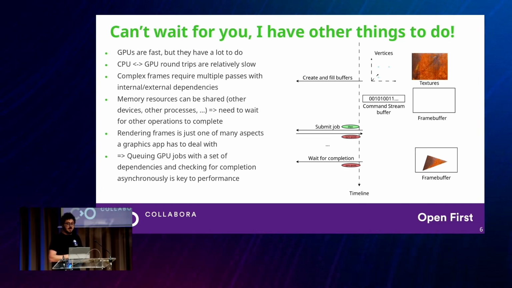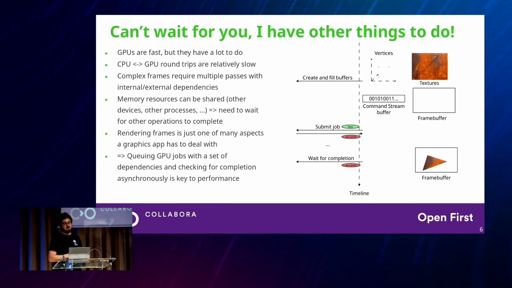The other problem is that, yeah, drawing a triangle is fine and it's pretty simple, but most of the time, when you have a game engine, it's not just a single pass that you need to render things. You have to render everything that's static in the scene. Then you have to render characters. Then you have to render lighting, and so on and so forth.